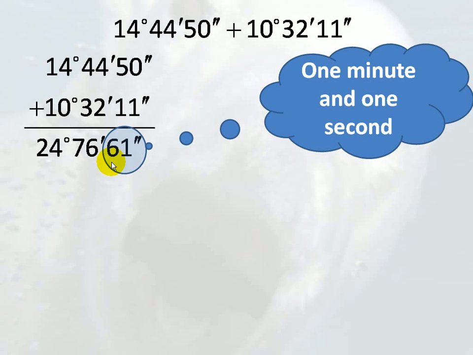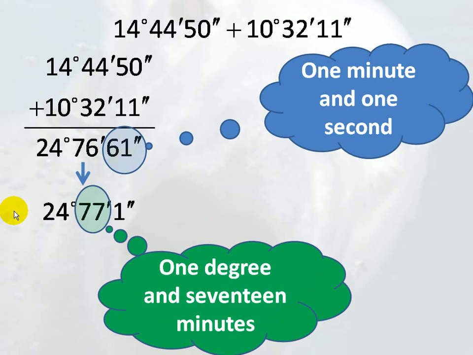So what I'll do is I'll rewrite this way. I'll take 60 of these seconds and put it over here with the 76, and now I have 77. And then I just have 1 second here. So I took 60 seconds, which is 1 minute, and added it to the 76 and got 77. Now here's what I have. Now that's still not exactly what we want, because notice that 77 is 1 degree and 17 minutes.